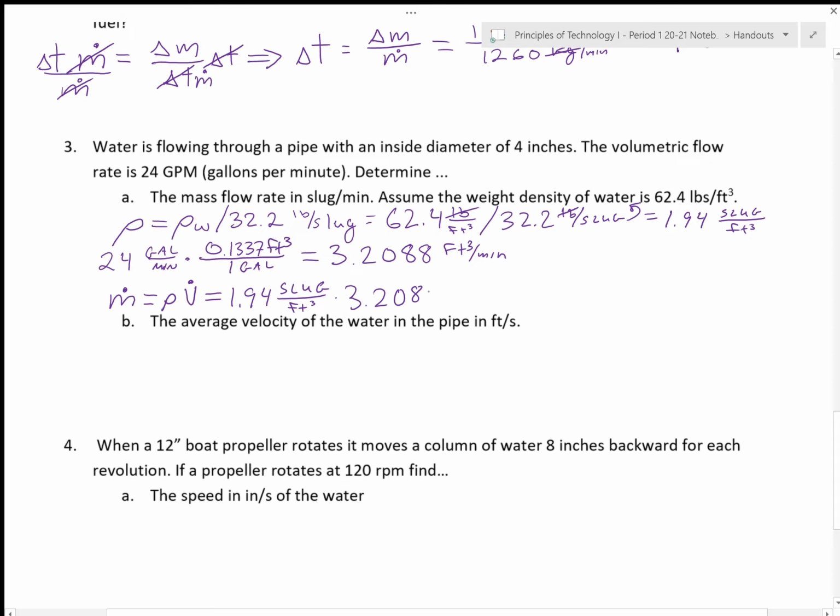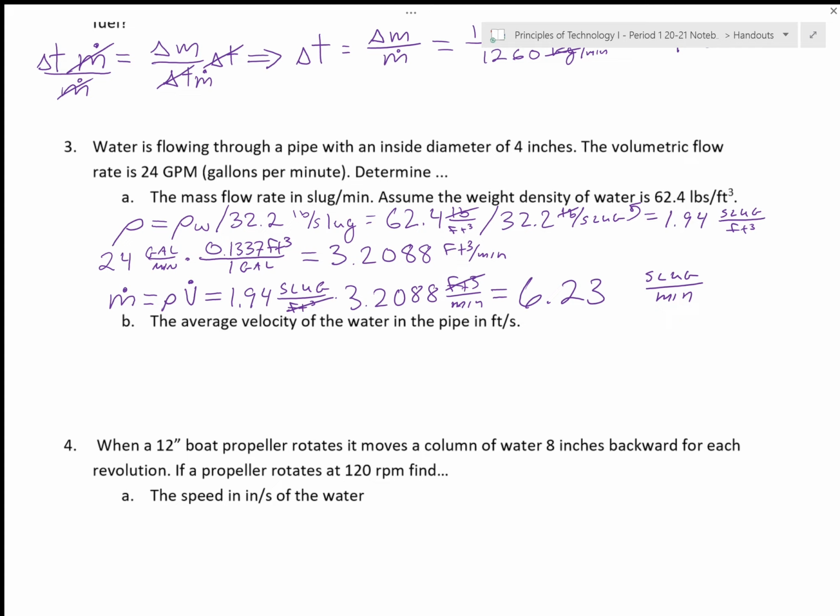We need to multiply that by 3.2088 cubic feet per minute. The cubic feet will cancel each other out, leaving us with slugs per minute. And when we multiply 1.94 by 3.2088, we get 6.23 slugs per minute.